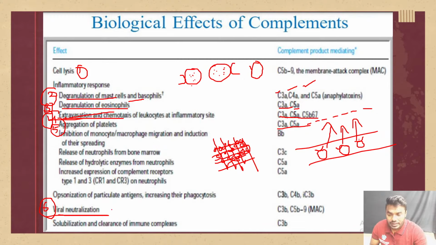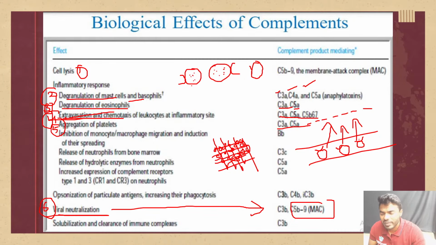And friends, this viral neutralization can be mediated by C5b-9, which is the MAC complex. But we also discussed that among all the complement molecules, C3b is the most pivotal complement, because if this entire MAC complex is to be formed, it is compulsory, friends. There will be a requirement of complement C3b.